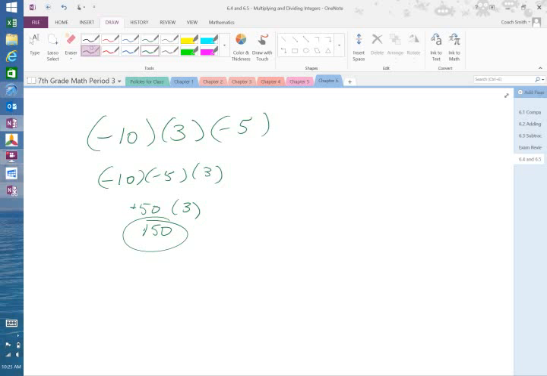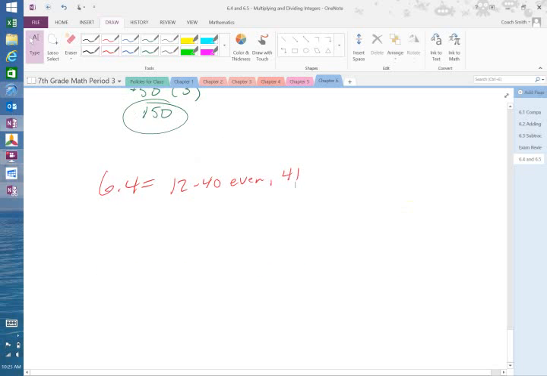All right. So from 6.4, you're doing these problems, 12 through 40 even, and number 41. 6.5, you're doing 12 through 28 even, and 36 through 42 all.